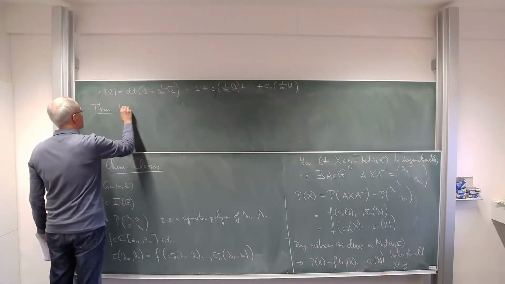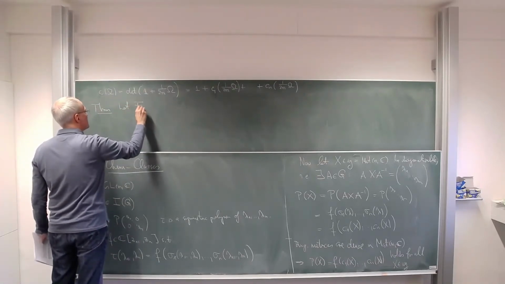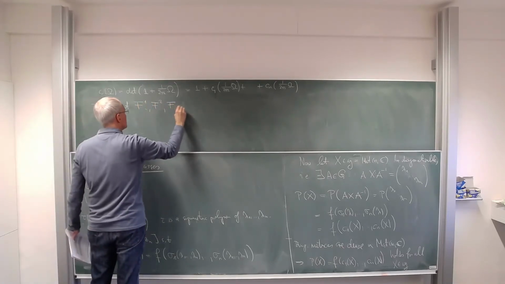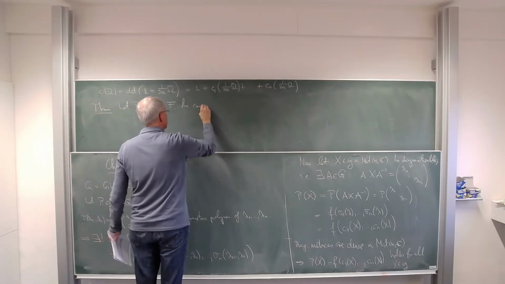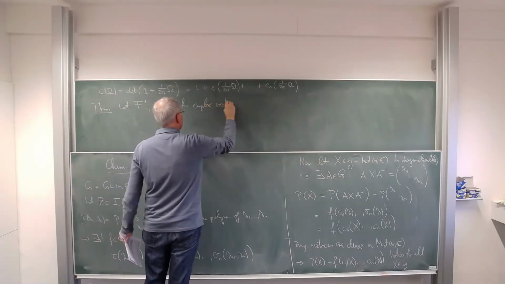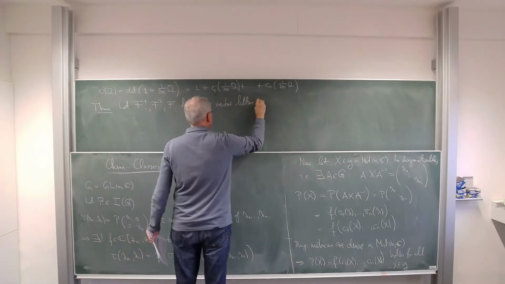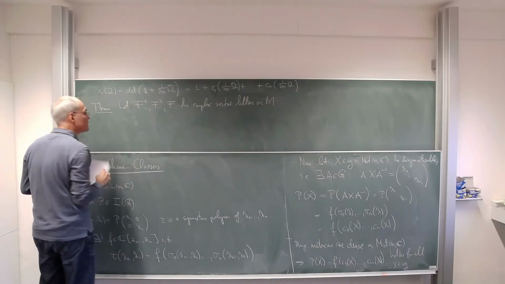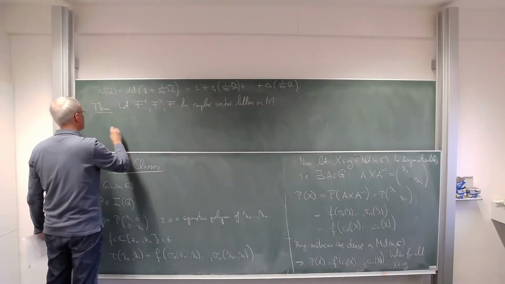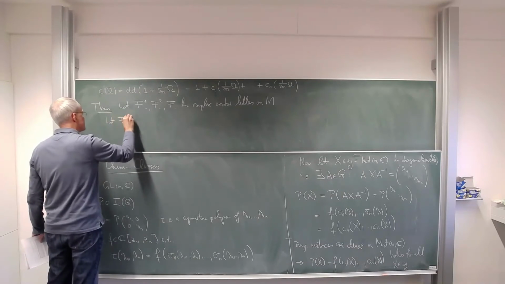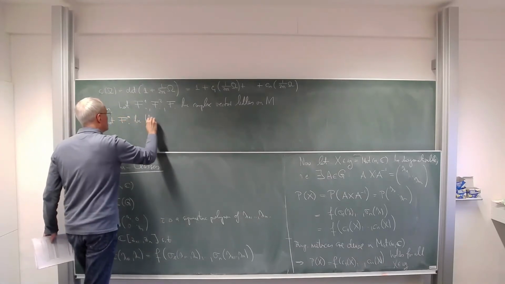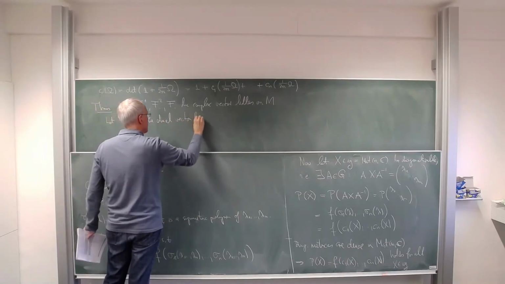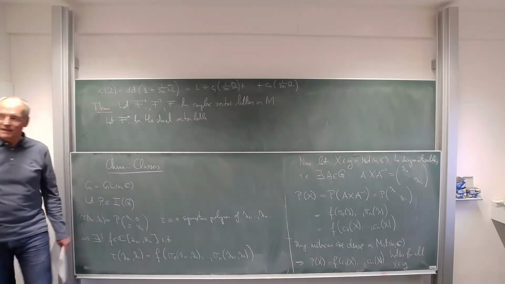So let F1, F2, and F be complex vector bundles on M. And then we can form the dual bundle to F. So let F* be the dual vector bundle, meaning that we apply the duality functor to each fiber, right?